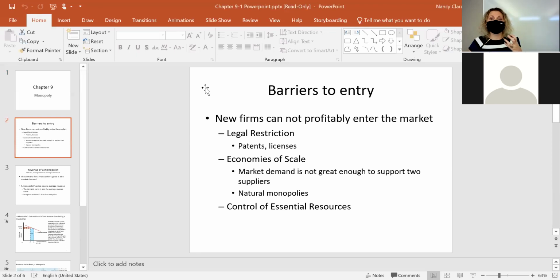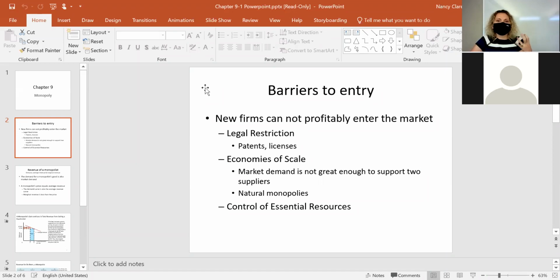The biggest reasons for the monopolies we're going to discuss are actually this first one and this last one. The one in between is an anomaly that we touched on before. But let's talk about 1 and 3, and then we'll double back to that second reason. One of the most common reasons for a barrier to entry that keeps that one supplier isolated is a legal restriction.